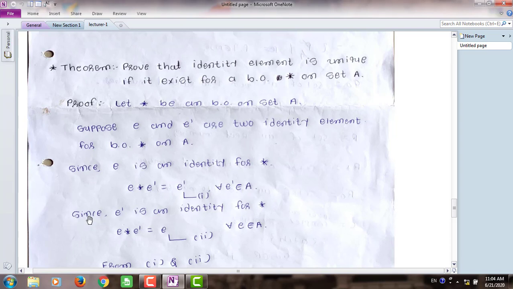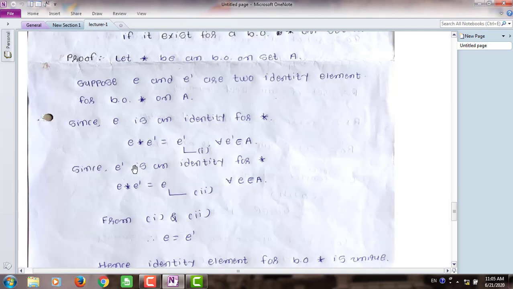Now, second one. Since e dash is an identity for star, e star e dash is equal to e, where e belongs to A. Therefore, e star e dash is equal to e. Equation number 2. From 1 and 2, e star e dash is equal to e dash and e star e dash is equal to e. Therefore, e is equal to e dash.